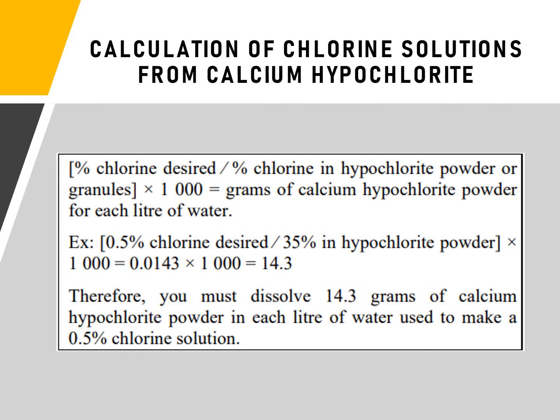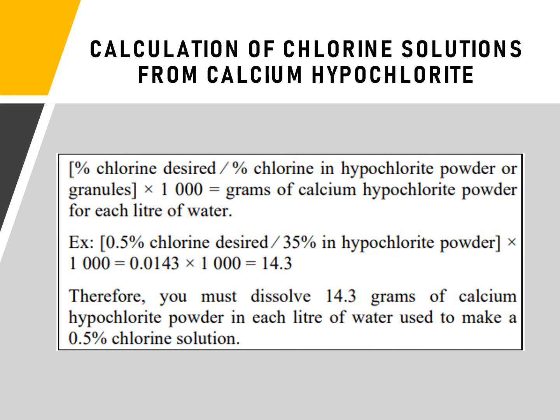So you have the concentration of chlorine desired divided by the given concentration of chlorine in hypochlorite powder or granules. The answer for that one, you have to multiply it by 1000 to obtain the weight of the calcium hypochlorite powder that is needed to be dissolved in 1 liter of your water.